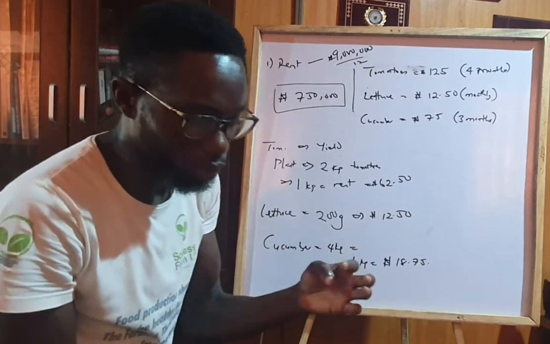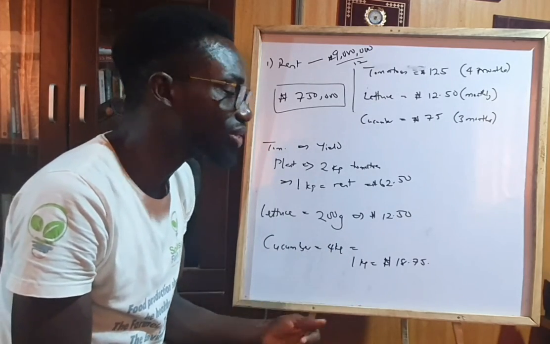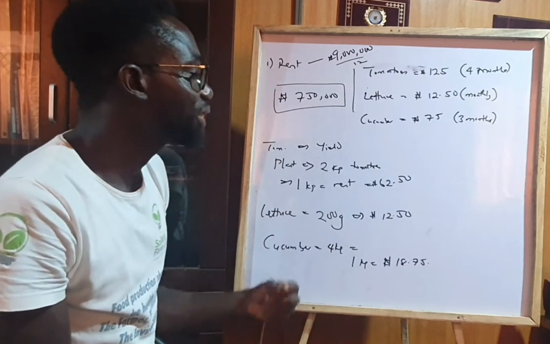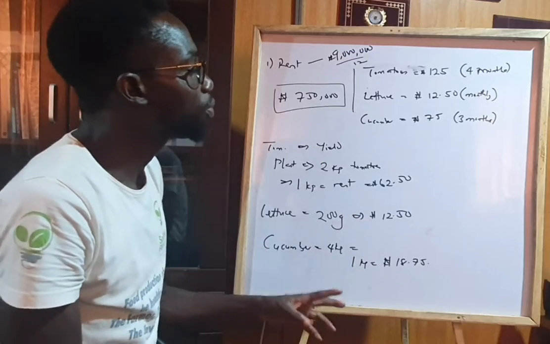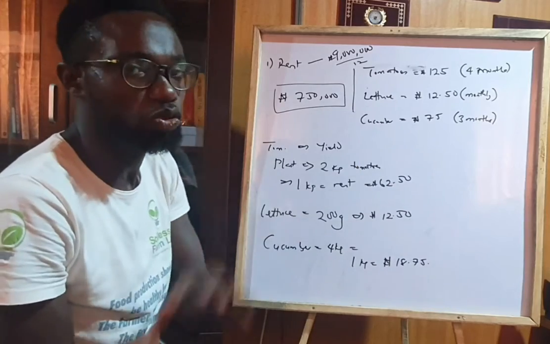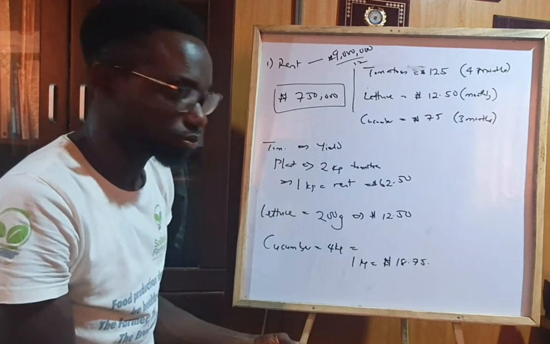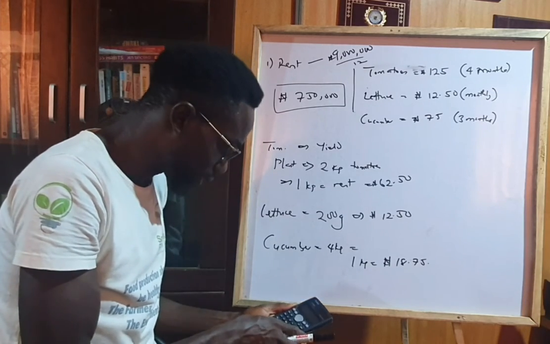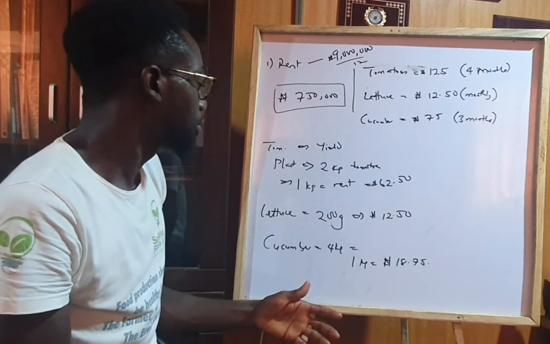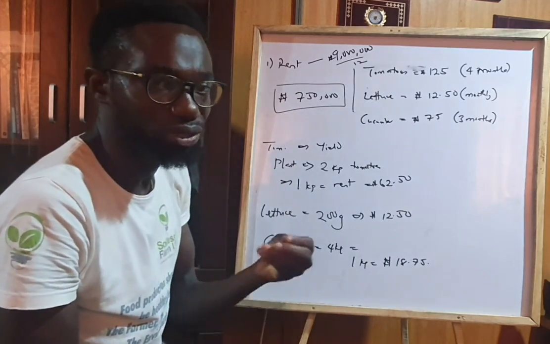We are going to come back, we will run that of labor, we will run that of seed, we will run that of nutrient, your insecticides, your fungicide, so that at the end of the day, we even run your utility, we would be able to tell exactly how much you are spending on the production of that crop, so that you are able to tell which is most profitable.